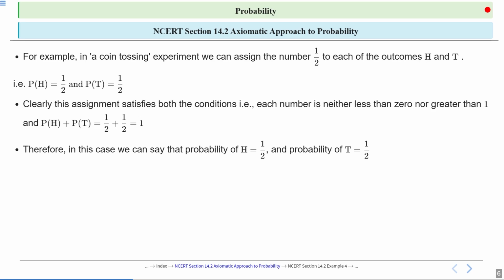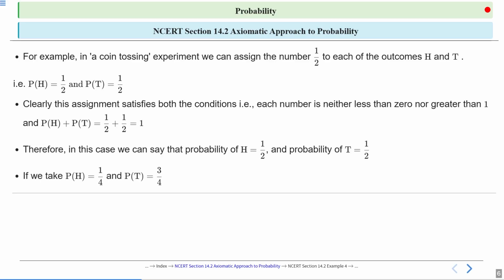P of H and P of T are greater than or equal to 0 and less than or equal to 1, and when we added P of H and P of T we obtained 1. So it satisfied all the conditions. Clear?